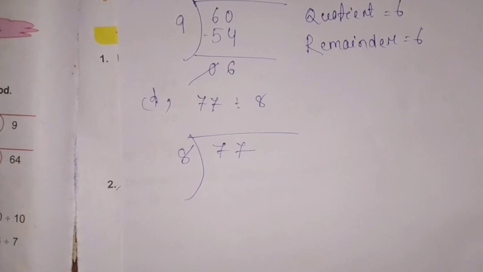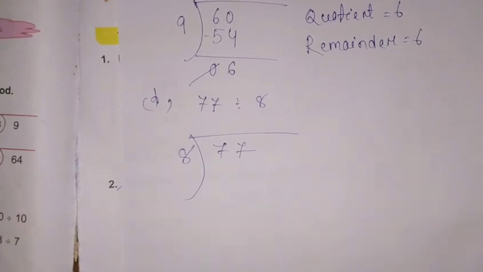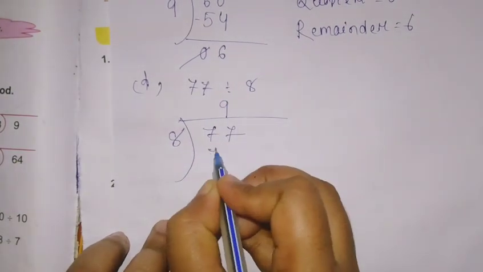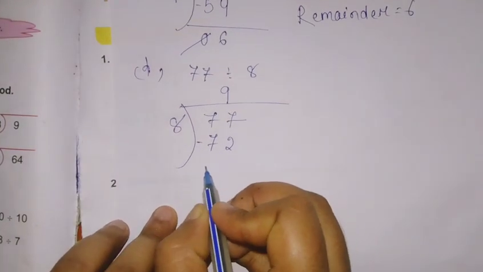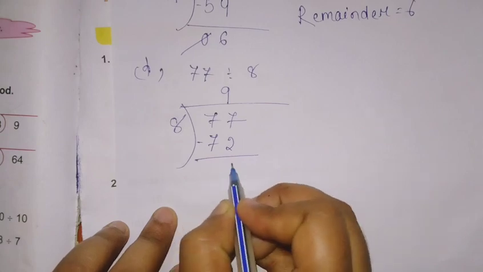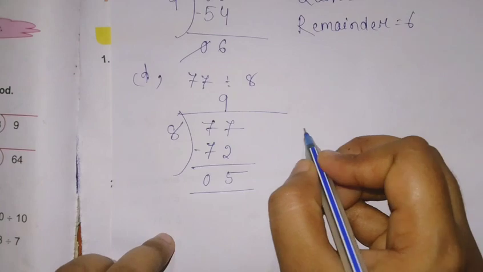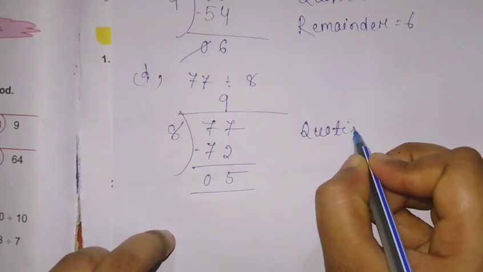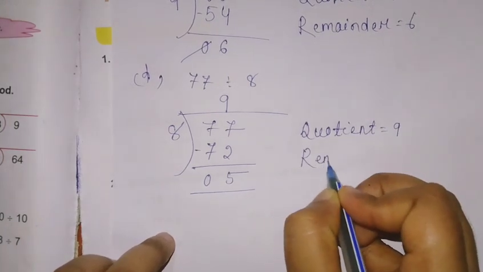Then we recite the multiplication table of 8 till we get a number just less than 77. 8 nines are 72. Now we subtract the product from the dividend. 7 minus 2 equals 5. Then 7 minus 7 equals 0. Here we get quotient equals 9 and remainder equals 5.